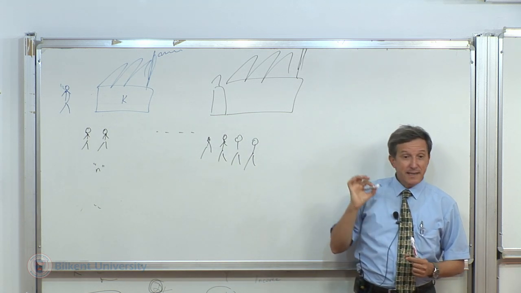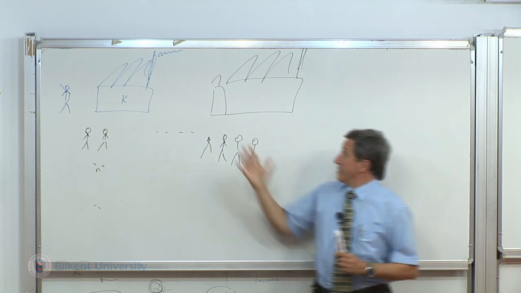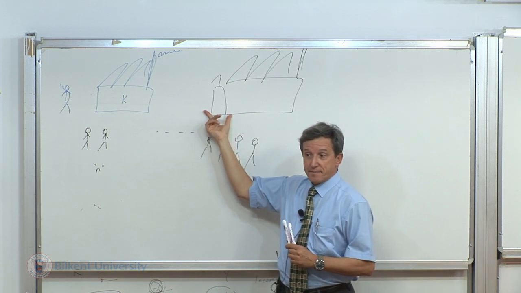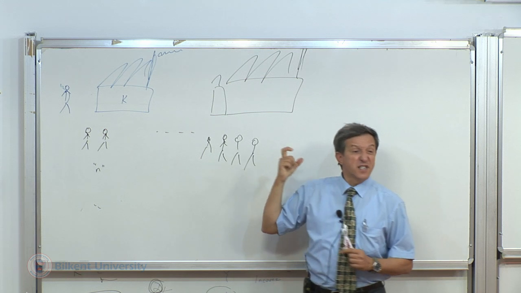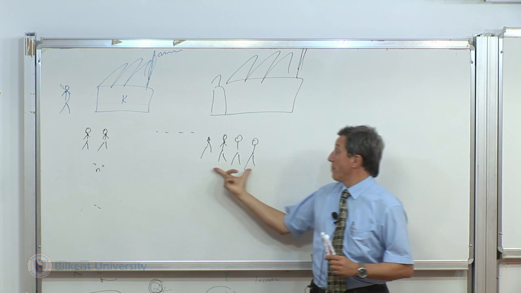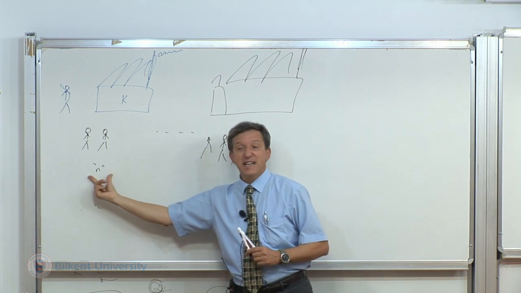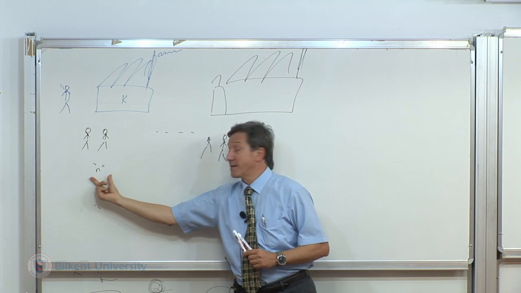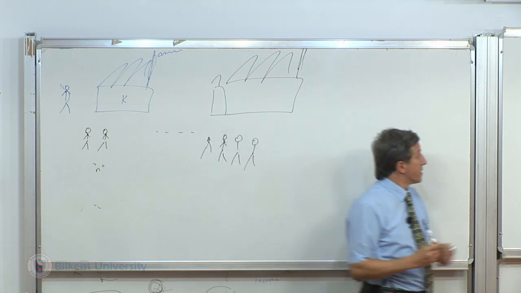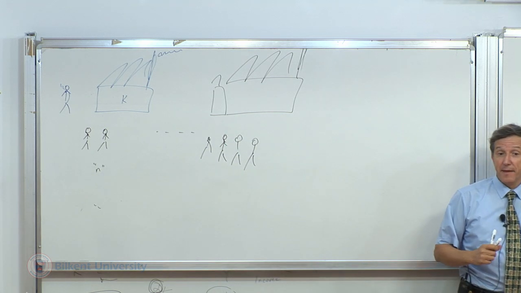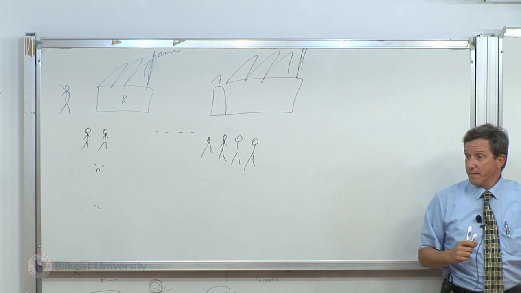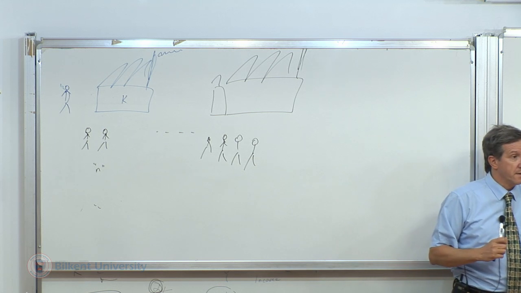Now, how is it that this extra capital is sufficient enough to employ the extra workers that is coming into the system at a constant rate N, exogenously?